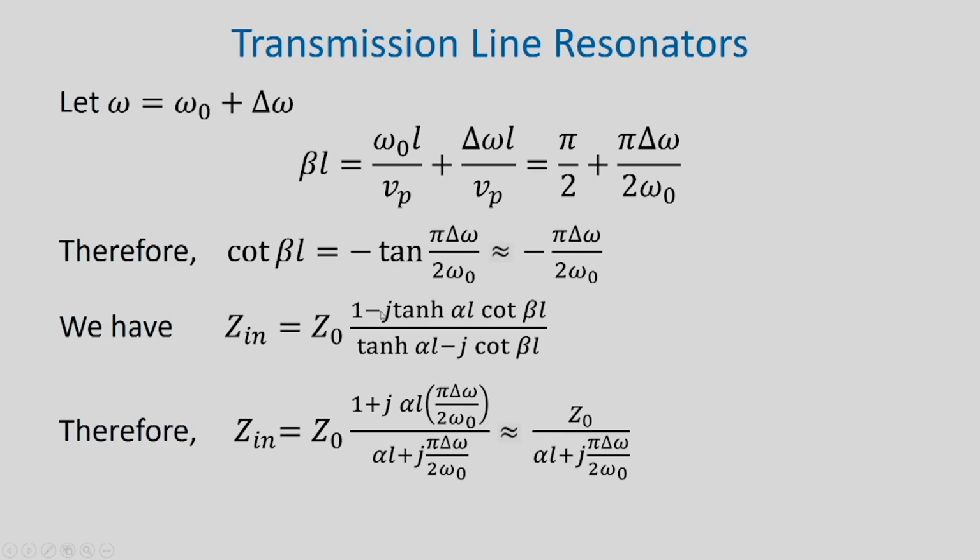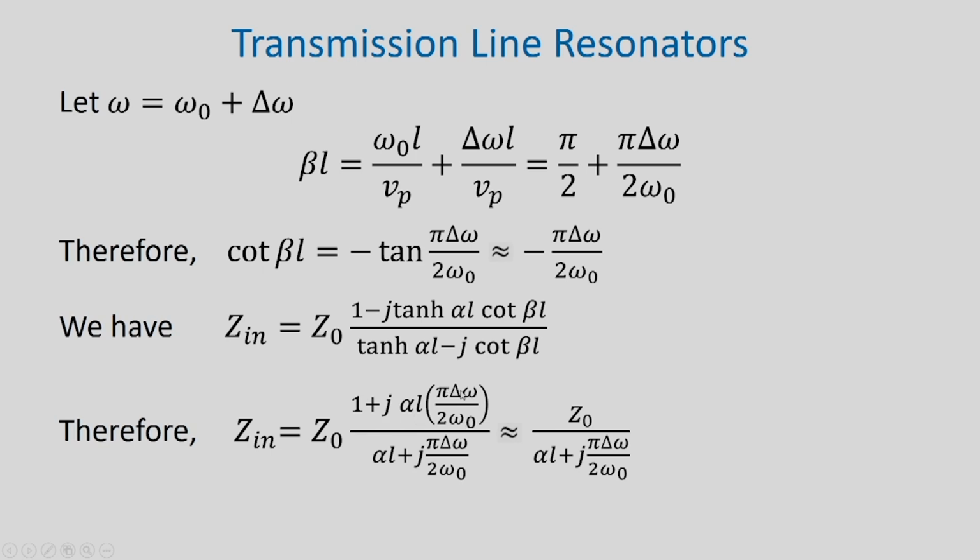So, this minus and this minus will make it plus, and alpha L again plus j pi delta omega by 2 omega naught. Now, here in the numerator, once again we have a product of two small terms, alpha L and pi by 2 delta omega by omega naught.